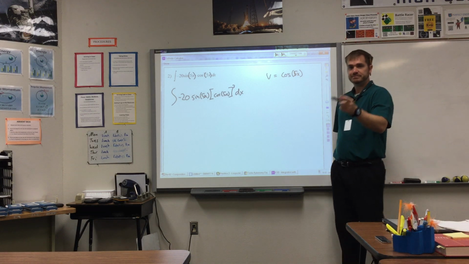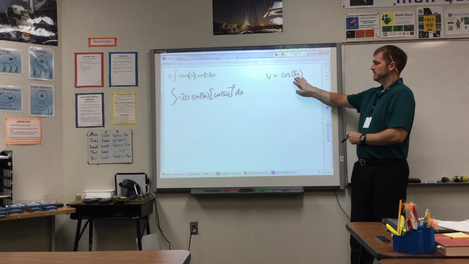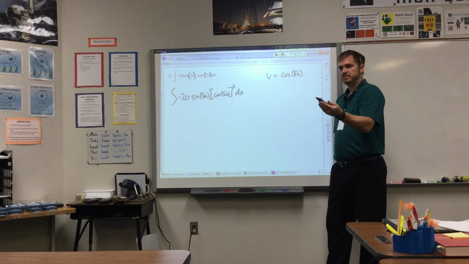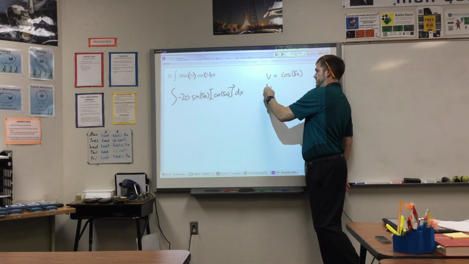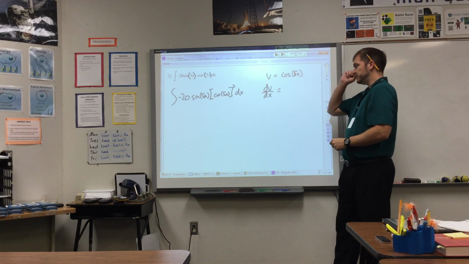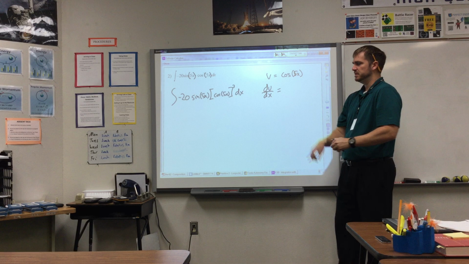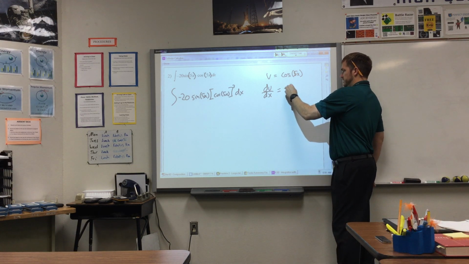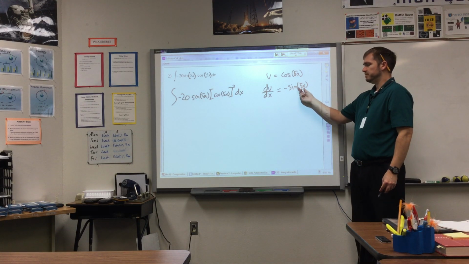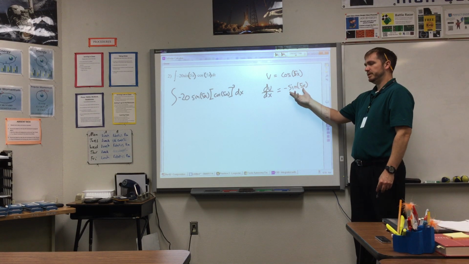Okay, let's go ahead and play the game. Next step, derivative of both sides. So du over dx equals, now let's remember, derivative of cosine is negative sine. But this is not just any regular old sine, this is sine of 5x. So we have to apply the chain rule here.